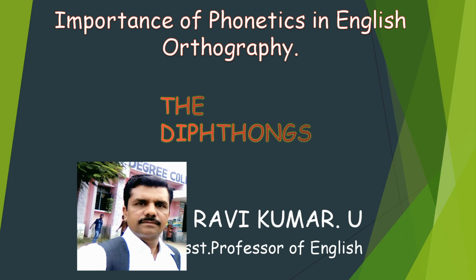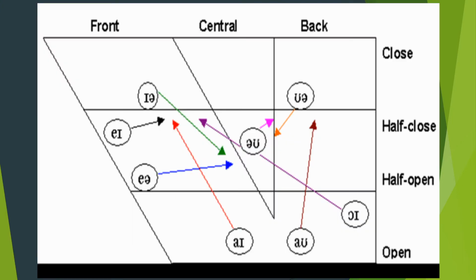Actually, what are these 8 diphthongs? Why do we call them diphthongs? We will see in detail in the next slide. This is the chart of the 8 diphthongs. Please draw this chart. Make it fast.